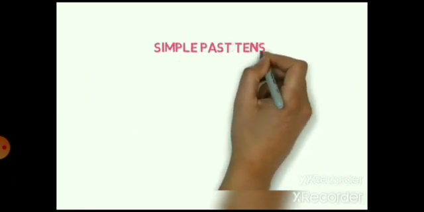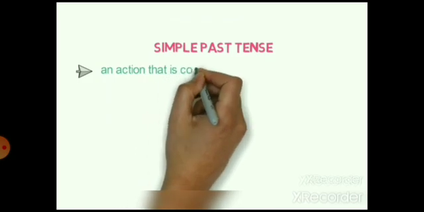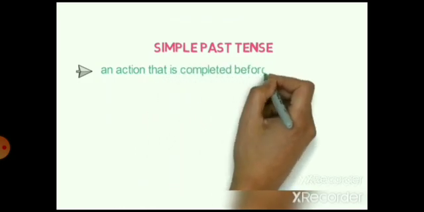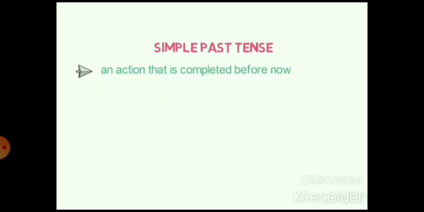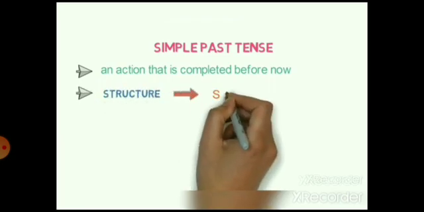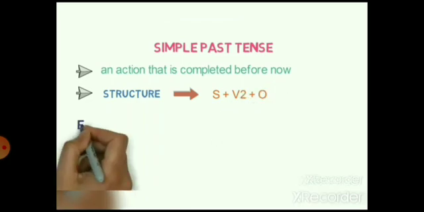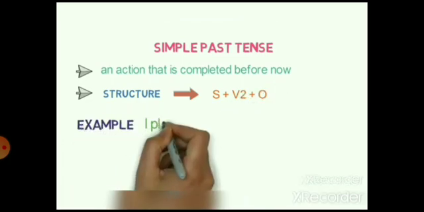Let's look into the next tense, simple past tense. It refers to an action that is completed before the present time. The sentence structure of it is subject plus V2 plus object. Let's look into an example.